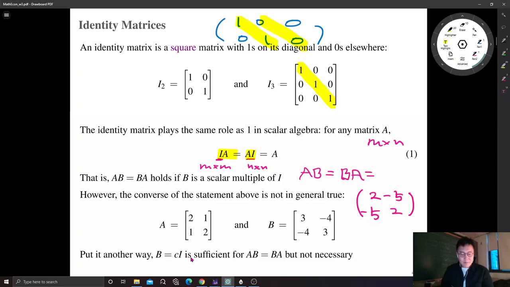Because there is a bit of discussion about necessary condition and sufficient condition at the beginning of chapter 5, let me mention a little bit about that. So what is a sufficient condition?